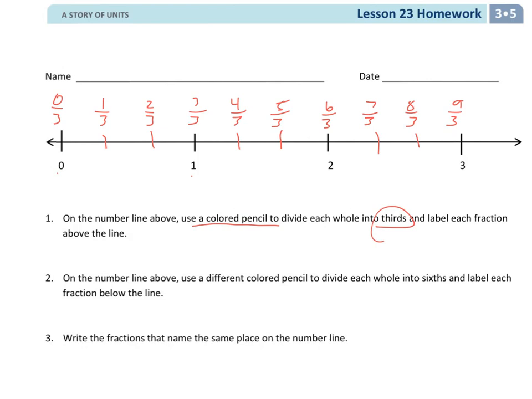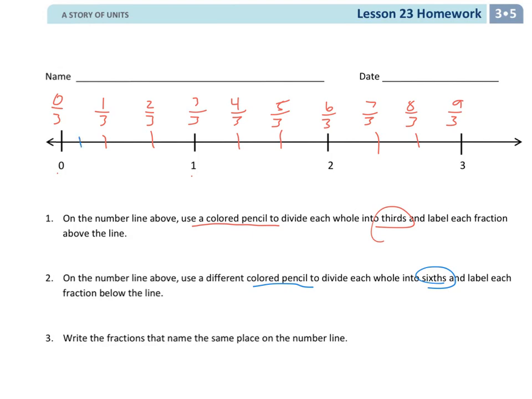And number 2 says, on the number line above, use a different colored pencil to divide each whole into sixths and label the fractions below the line. So I know that thirds, if I want to make it into sixths, I just have to break each of those thirds into half.